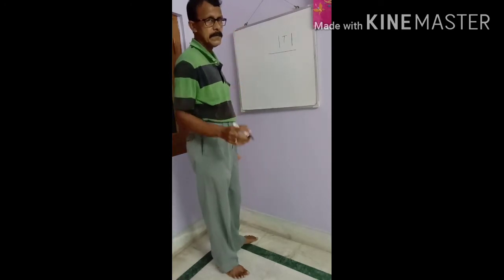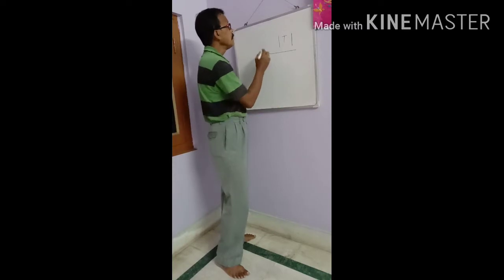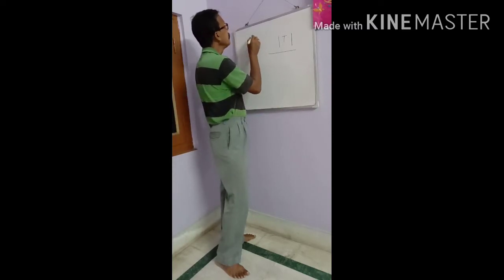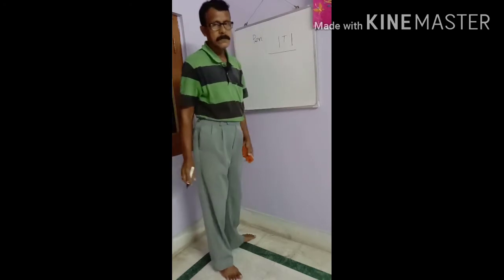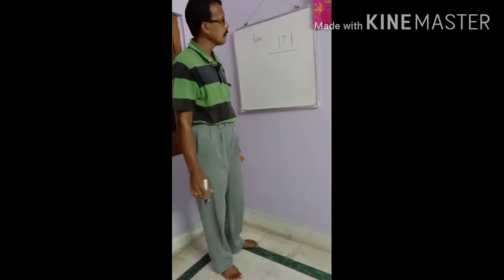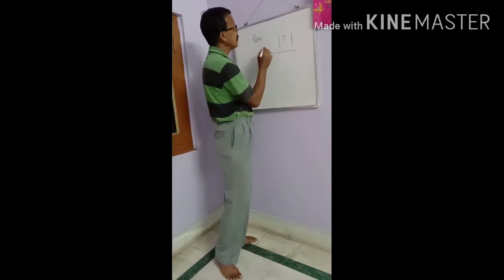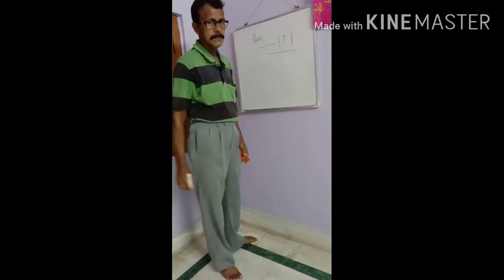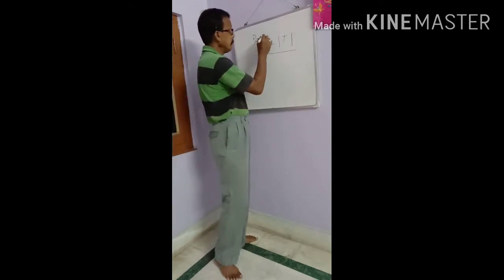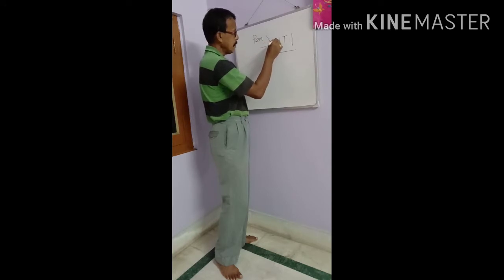With an example, it will be clear. The word pen, P-E-N, pen. So far we have learned this word is written like this. This is the line of writing. This is P and N, pen.